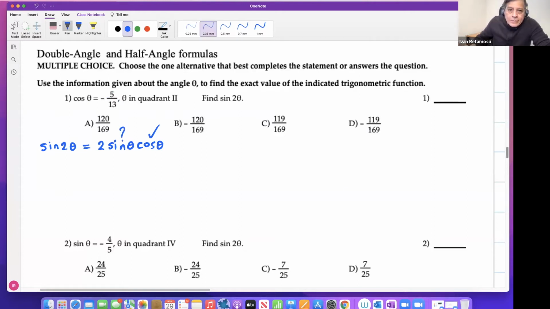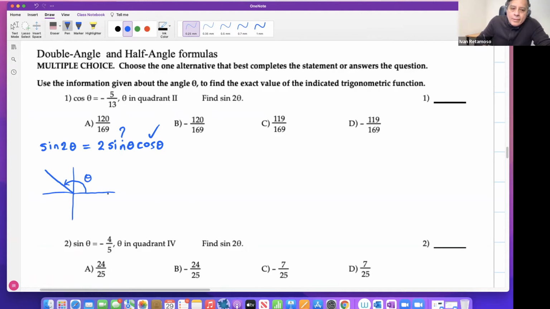All right. So now let's do it. They say that theta is in quadrant 2. So let's represent our angle in quadrant 2, somewhere here. Here is going to be our angle theta, quadrant 2. Now, remember, when the angle is bigger than 90 degrees, we work with its reference angle, right?